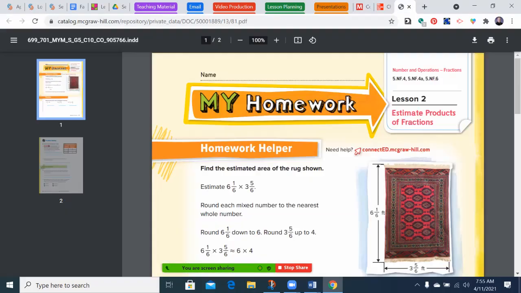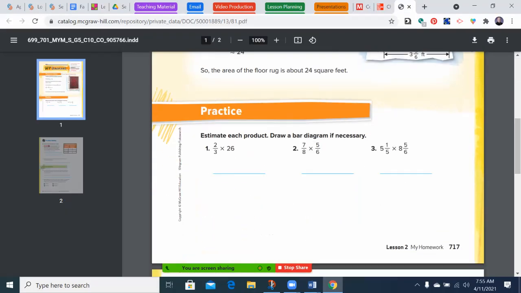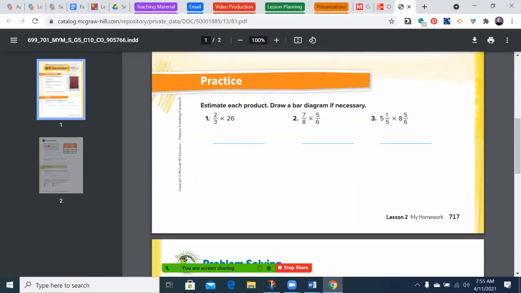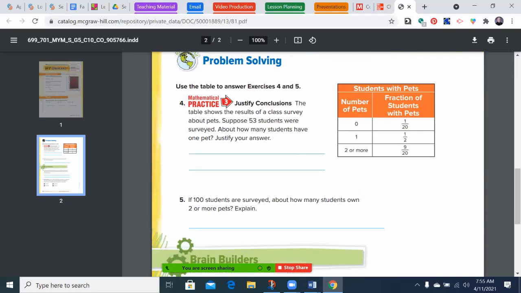All right, looking back at the book again, the assignment: you're going to estimate each product. You can draw a bar diagram if necessary. If necessary means you don't have to, but you could if you need to. And on some of these, you might not need to at all. You can see all three of these problems are different styles for how we did the estimating during the lesson.